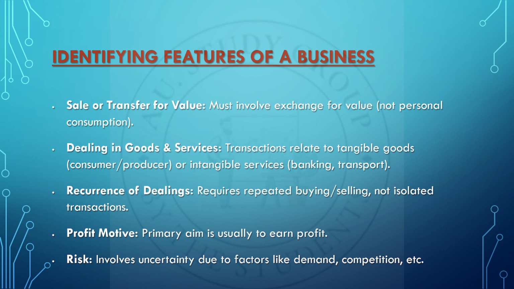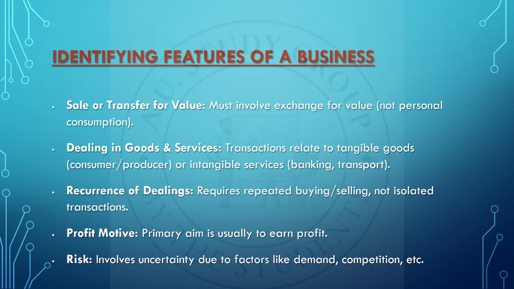If you are continuously buying and selling old vehicles, then it becomes business. Fourth, profit motive. This is usually the central one, though we will see how this concept of profit has evolved. But profit motive is essentially central for business.